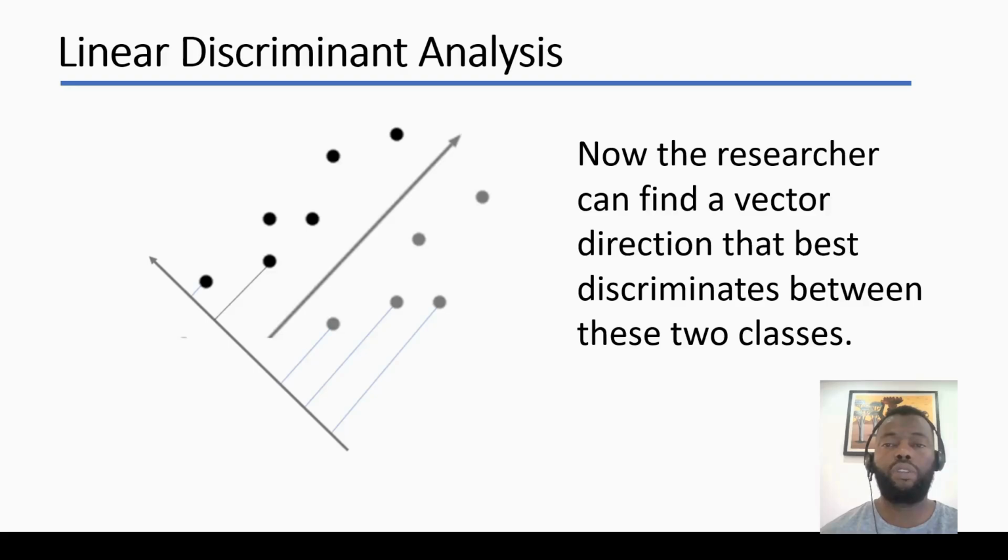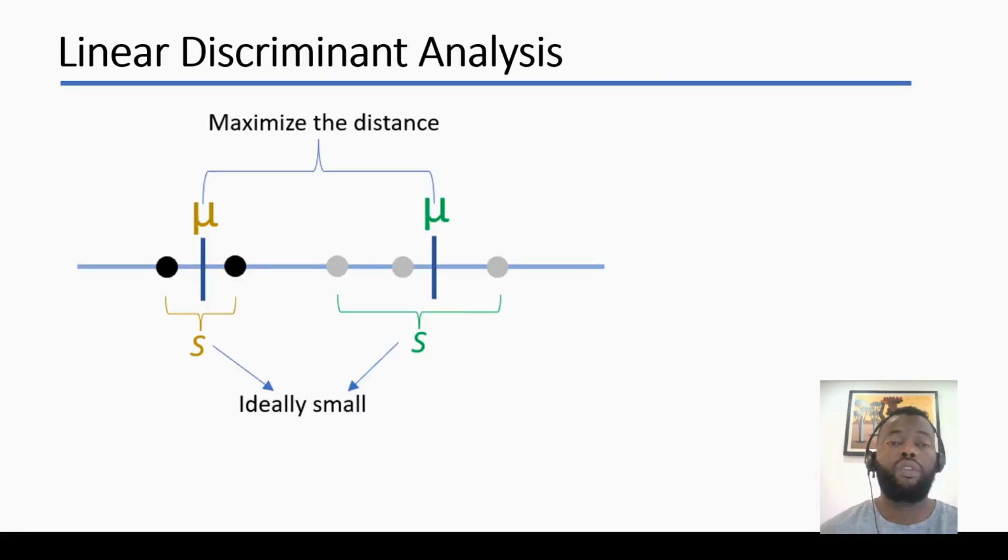So now the researcher can find a vector direction that best discriminates between these two classes. After this, we can have the means of each group, and we can also have the variance. So it's good when we maximize the distance between means and they have a smaller variance in each group.